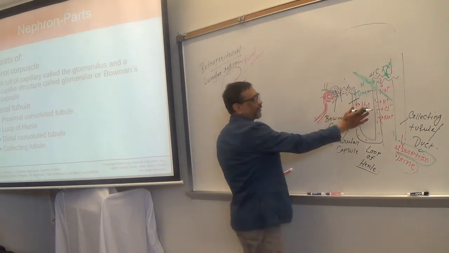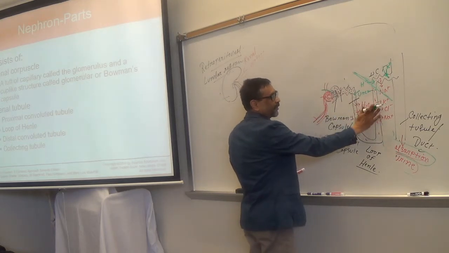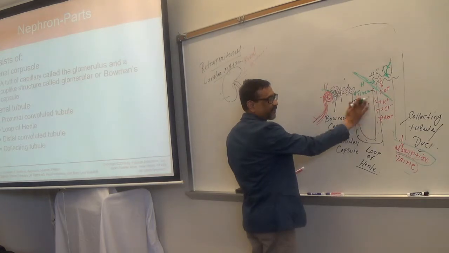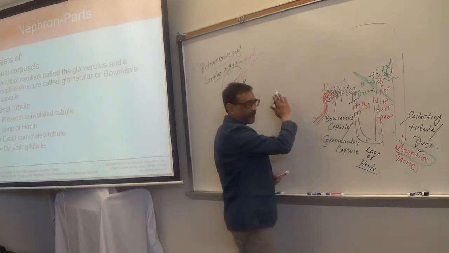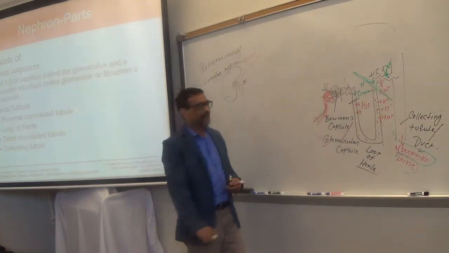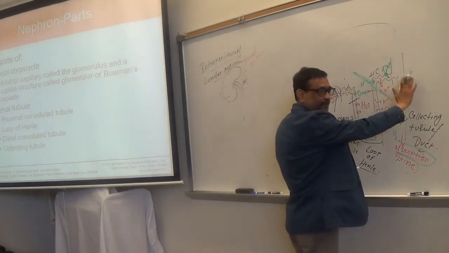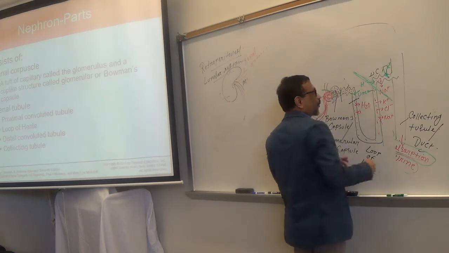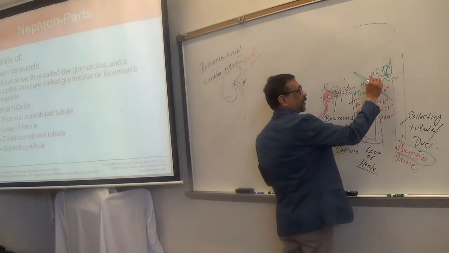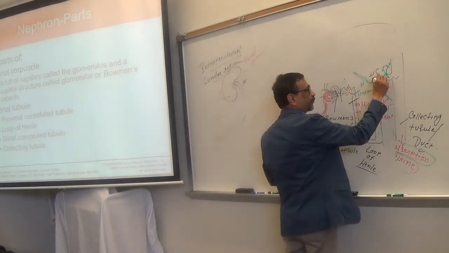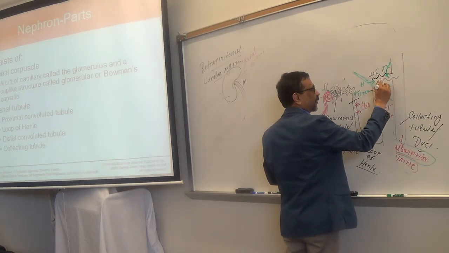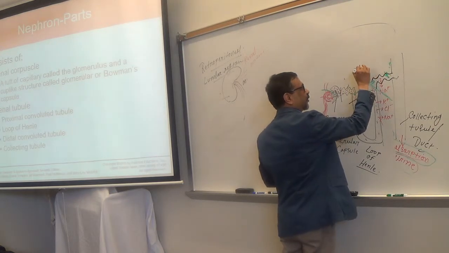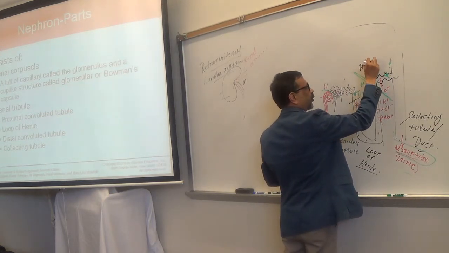In the first part, it is not sensitive to any hormone. No hormone works here. The last part is sensitive to hormones. So which hormones? In the distal convoluted tubule, in this part, a hormone works that is called aldosterone.